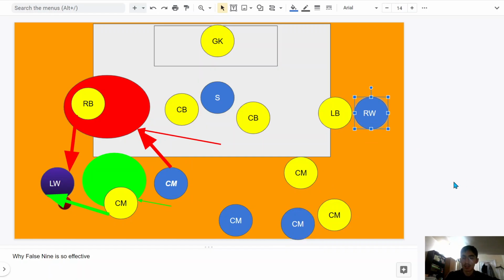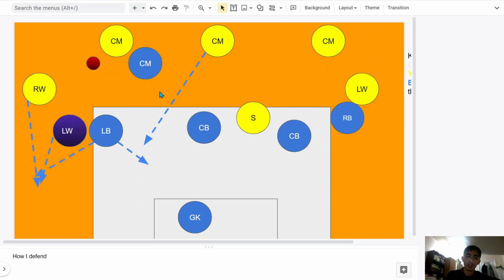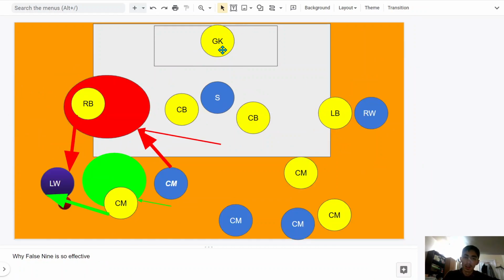How about the defending players? You're going to see my point in a minute. So the defending players on this slide are the blue ones, and they're 1, 2, 3, 4, 5, 6, 7. And the defending players on the other slide, without the wingbacks, are the yellow ones. 1, 2, 3, 4, 5, 6, 7, 8.